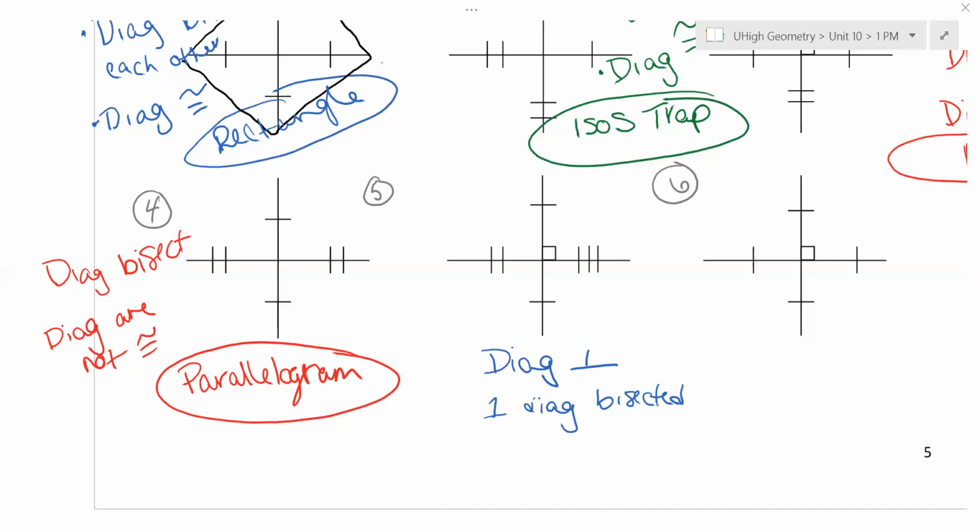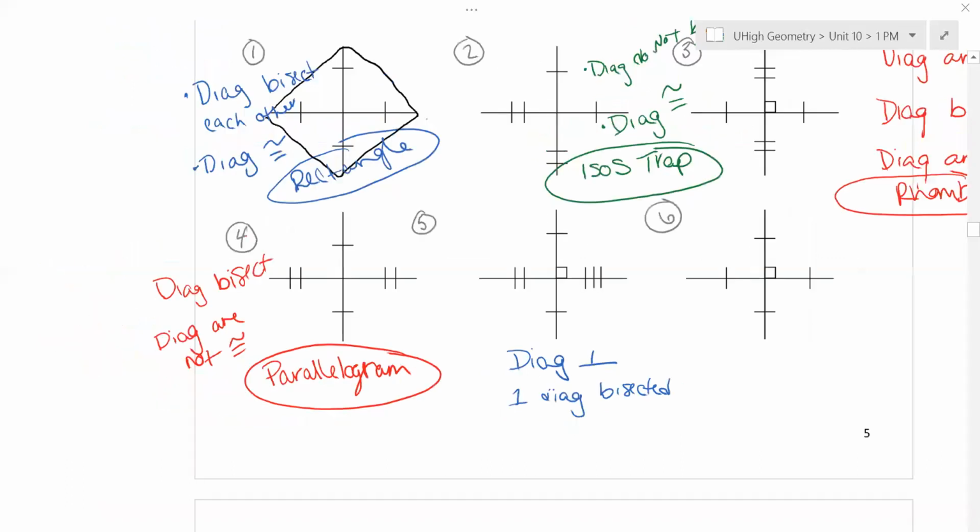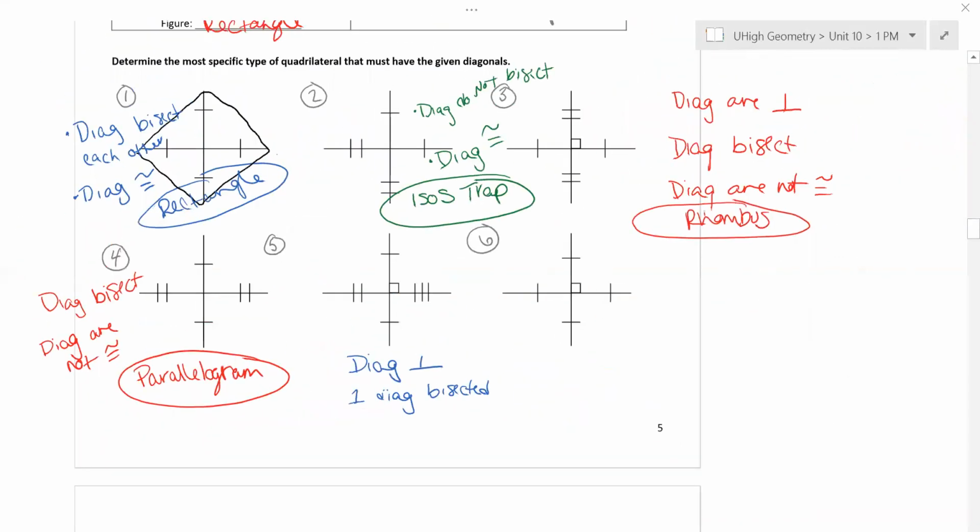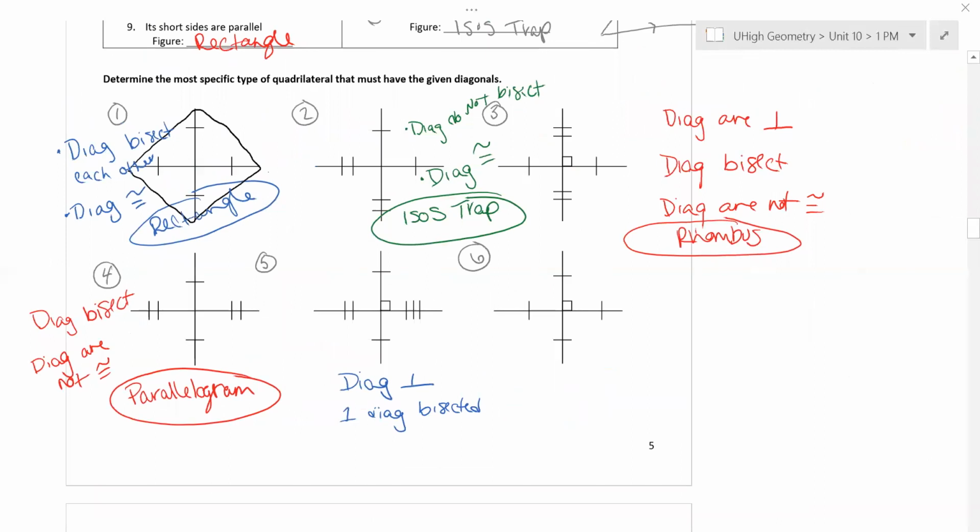When I'm thinking about this one, there are only 3 shapes that have perpendicular diagonals: a kite, a rhombus, and a square. Well, we said when we were looking at number 3, that was a rhombus, that the diagonals did bisect each other. So I know for sure that this isn't a rhombus.